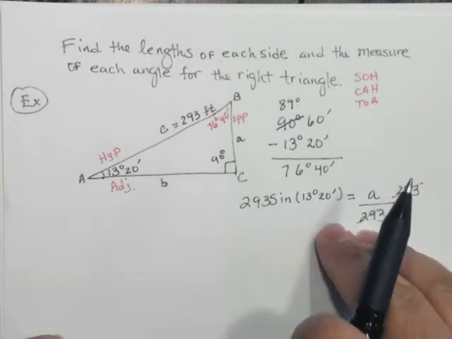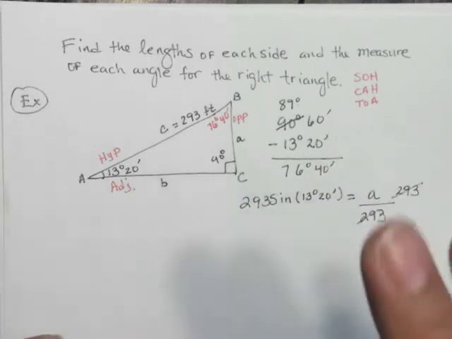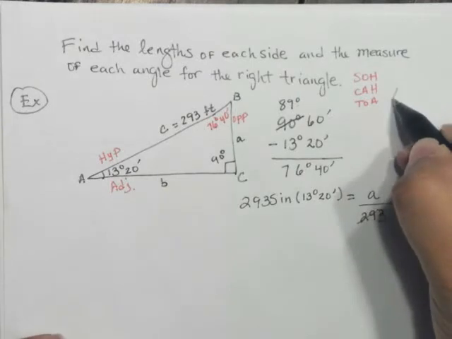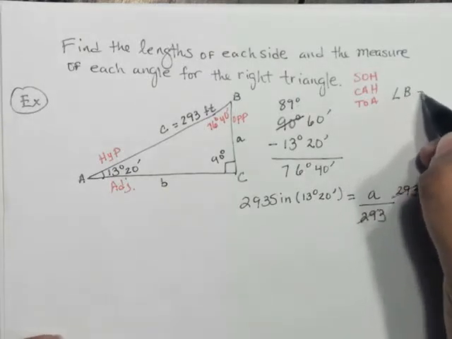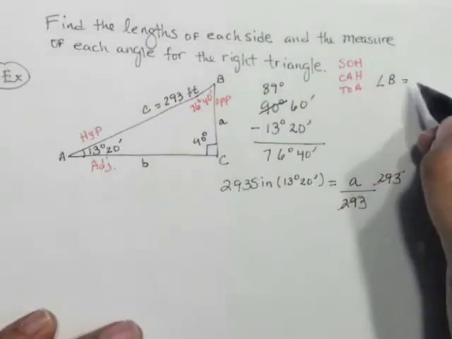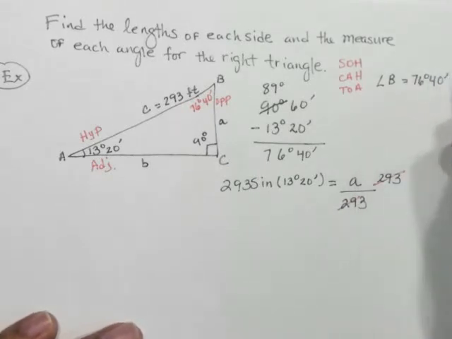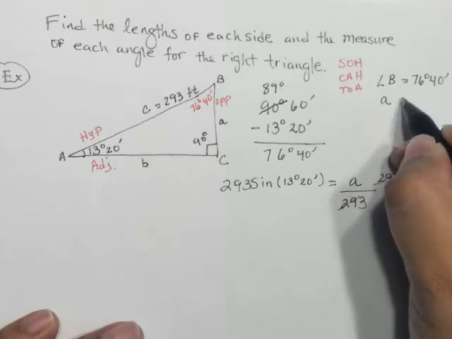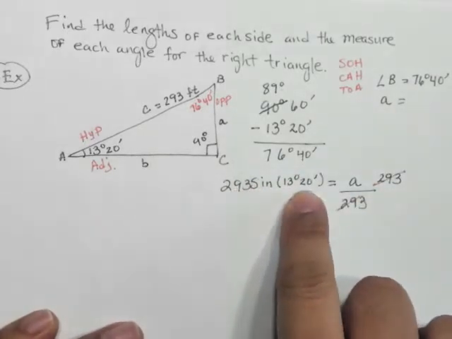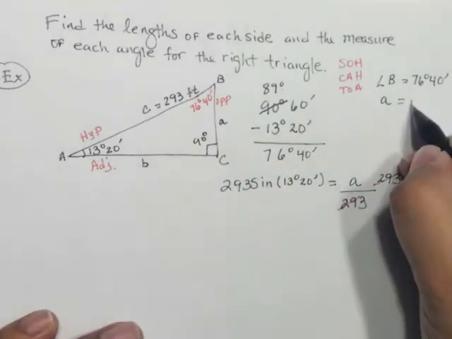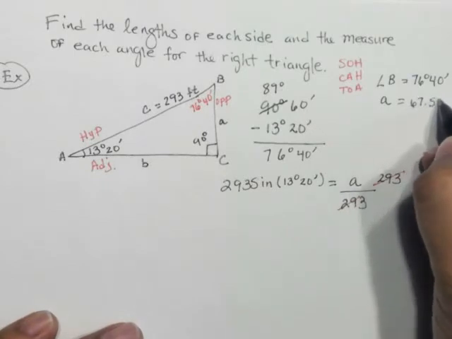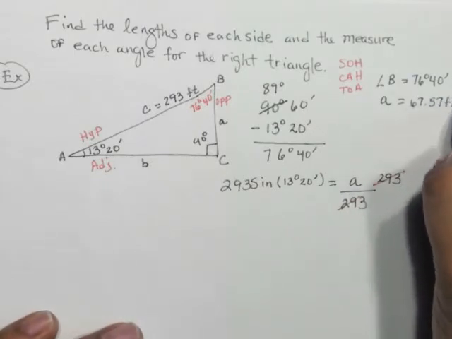And you're just going to punch that in on your calculator. So I'll leave that to you. Let me go ahead and start writing down what I know. Angle B is going to be 76 degrees, 40 minutes. Side A is going to be this on the calculator, which I will write to be 67.57 feet.